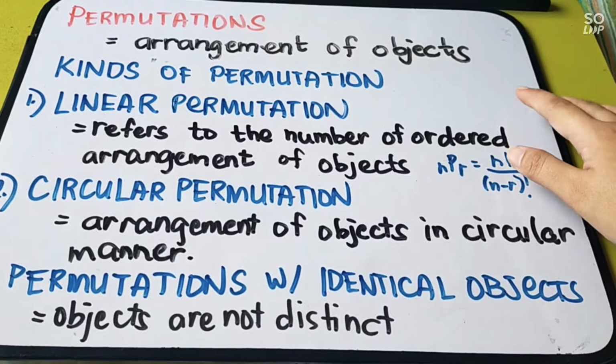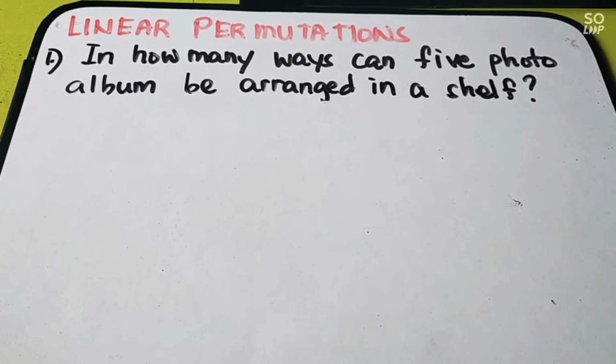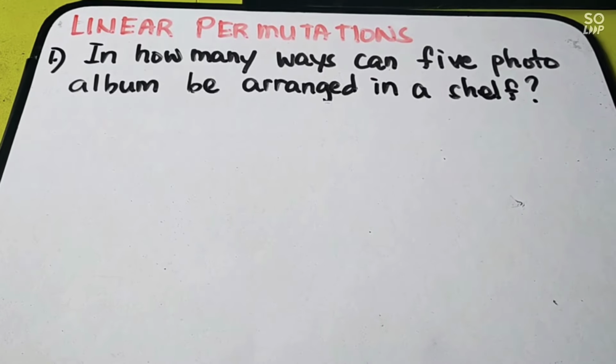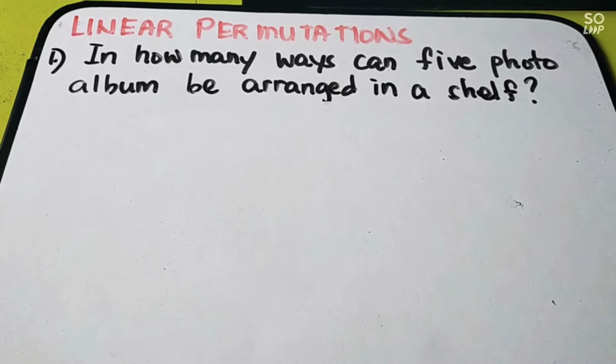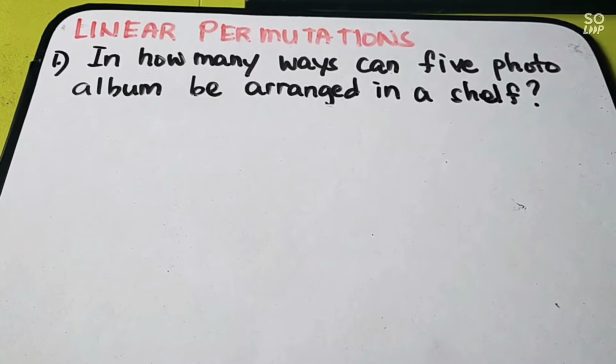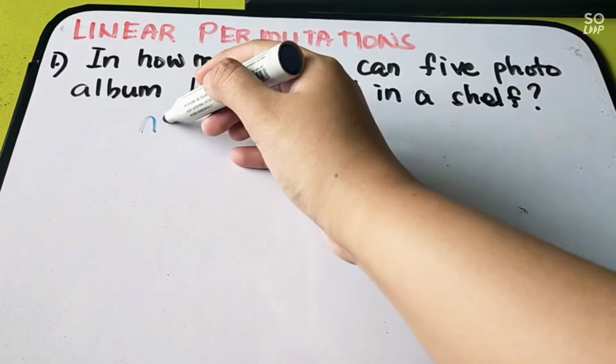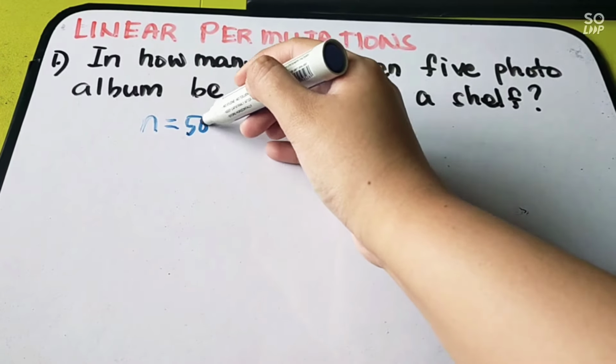Example of linear permutations. Example number 1. In how many ways can 5 photo albums be arranged in a shelf? First, let us find how many objects are involved. So, our objects, that is our n, the answer is 5 objects.